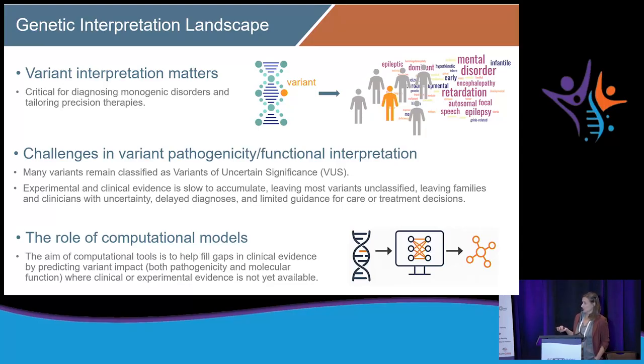There are still big challenges in variant pathogenicity, and in particular, most of the variants still have no clinical significance, and experimental and clinical evidence is very slow to accumulate. So our approach in our group is to use computational methods, to train computational methods based on machine learning in order to fill this gap, while clinical and experimental evidence is building up.